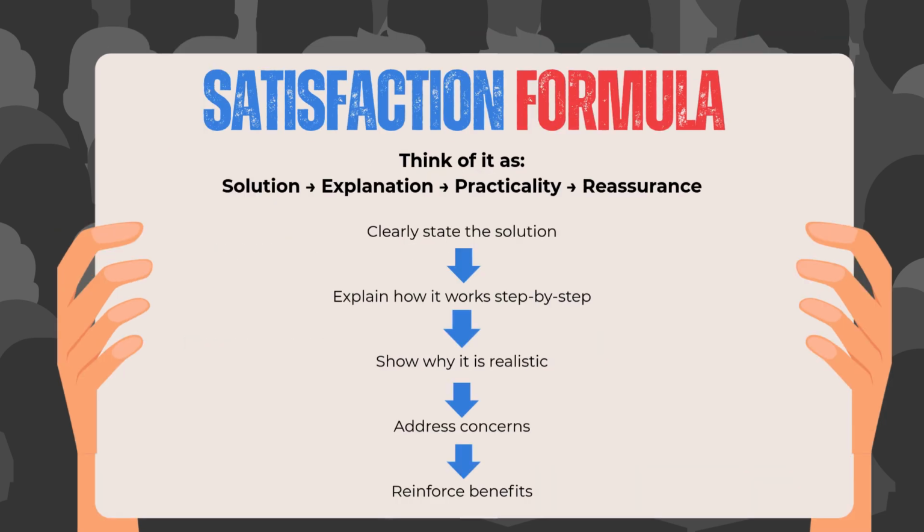In our satisfaction formula, we look at solution, explanation, practicality, and lastly, reassurance. So let's break that down properly. So firstly, you need to clearly state the solution. You need to be direct. For example, one practical solution is implementing early intervention programs for at-risk youth.